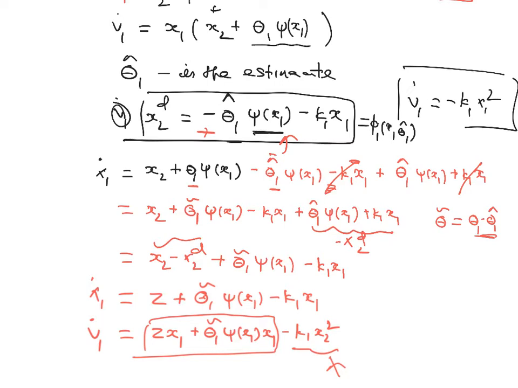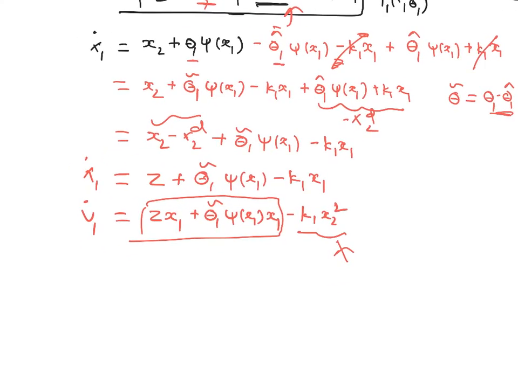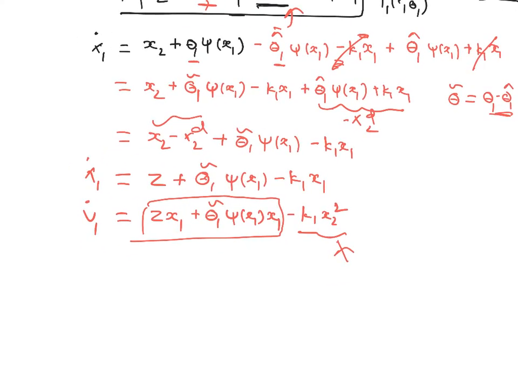So let's go down the line. Now comes the interesting part here. Let's first take care of this term here, and this is where the adaptation part will come. So what if I choose my V2 to be V1, the previous one, which is half x1 squared plus 1 over 2 gamma.